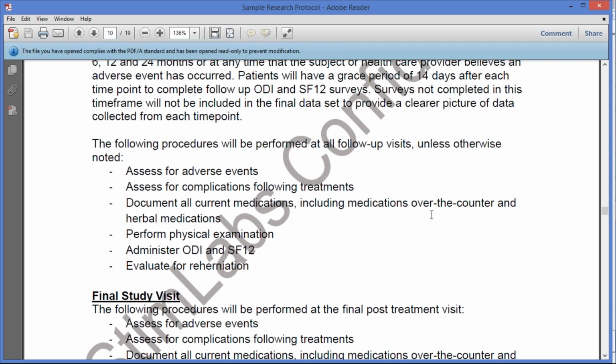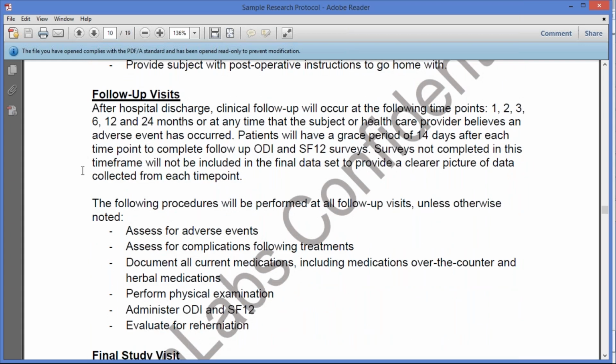After discharge, follow-up will be done at the following time points: 1, 2, 3, 6, 12, 24. Patients will have a grace period of 14 days after each time point to complete the follow-up.